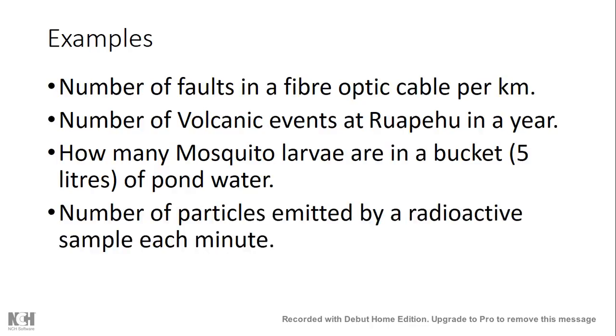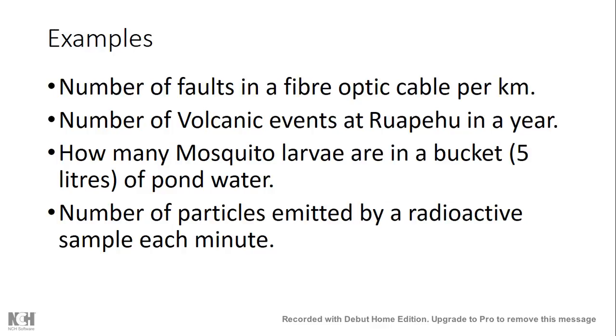Right, number of particles emitted by a radioactive sample each minute. So there's either a particle or there isn't. It's a discrete thing. It's the number of, again, and a minute is a continuous measurement, right? So notice we've had length, we've had time, we've had volume, and now we've got time again.